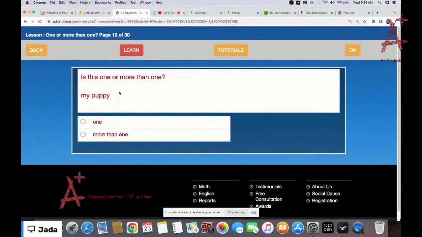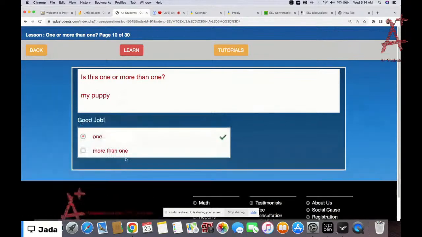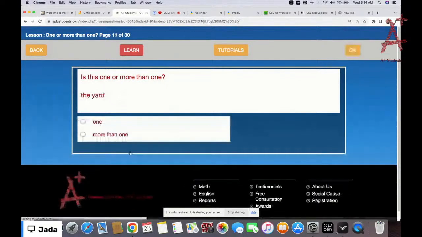My puppy. So it's not my puppies, so it's just one. Okay, I do hope that you all understand what it is when it names more than one. When it names one, for example, my puppy, there's no S. But if it is naming two, three, four, five, it will have an S added to it.